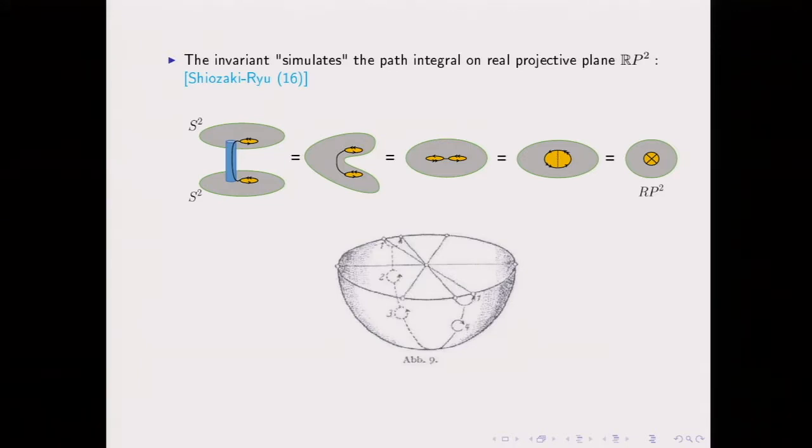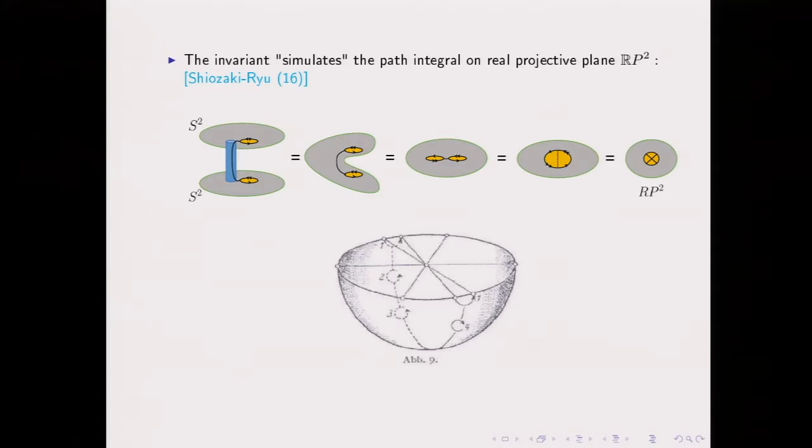It's a topological phase, so in some sense there's a lot of flexibility in adiabatically deforming your space-time manifold. But in the end, what you realize is that this matrix product state discrete version of the path integral is really the path integral defined on the unoriented space-time, which in this case is a real projective plane. Like I said, it takes a week to realize this, so I don't convince you now, but just believe me. It's a path integral defined on the real projective plane.